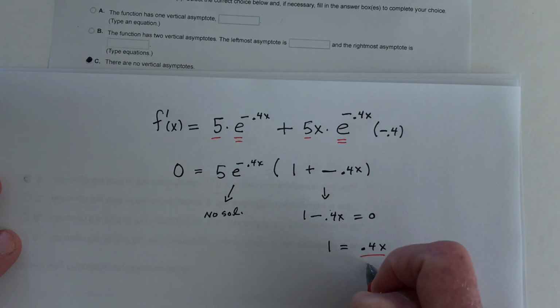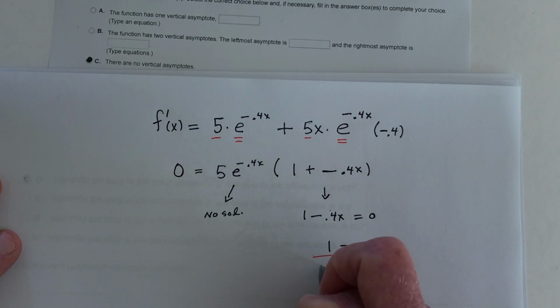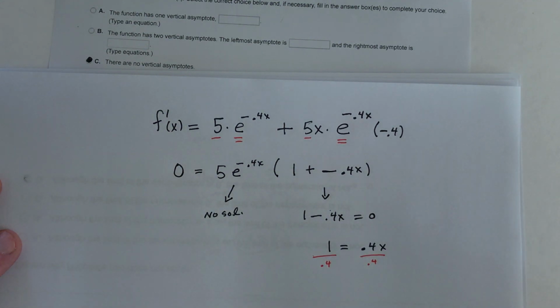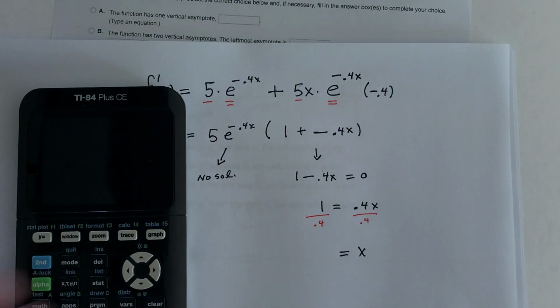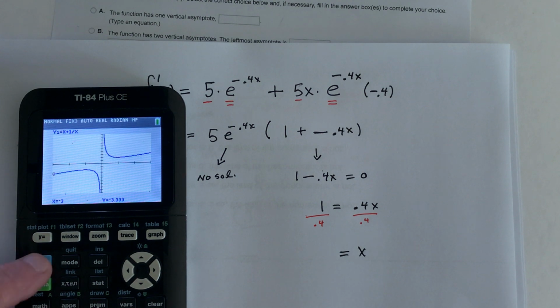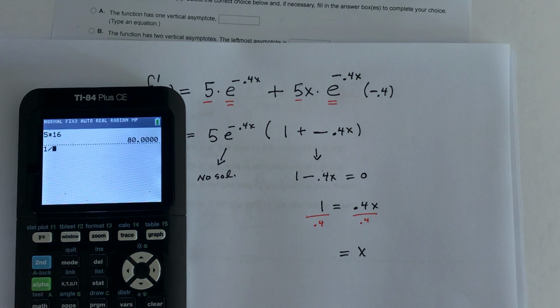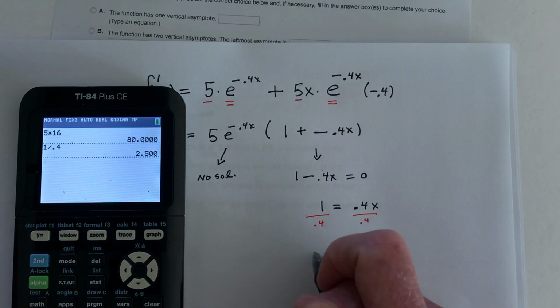And then divide by 0.4 on both sides. So x equals 1 divided by 0.4. So x equals 2.5.